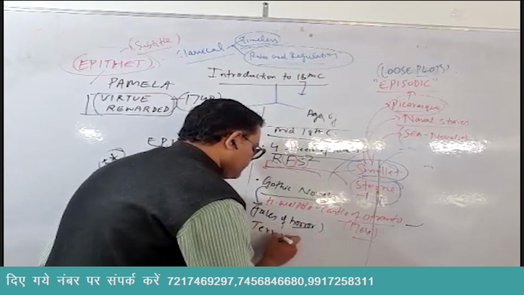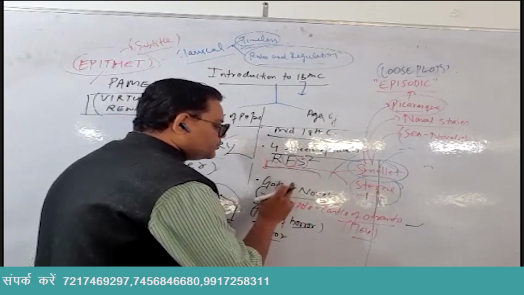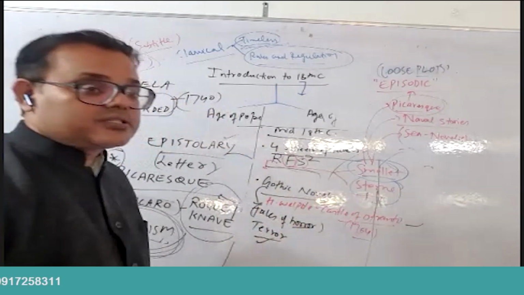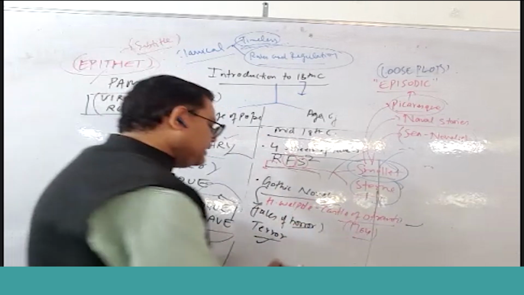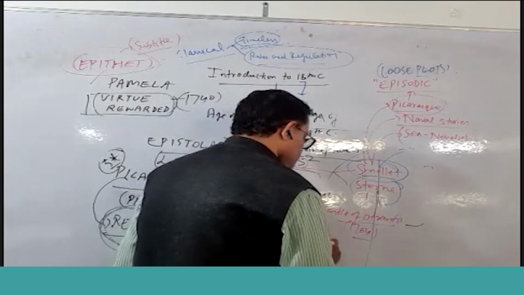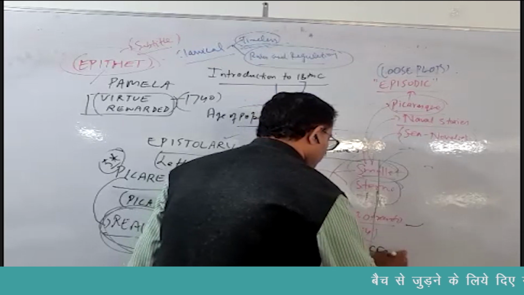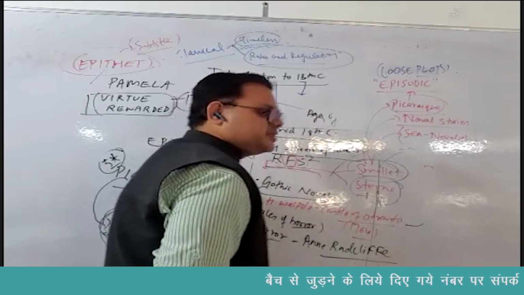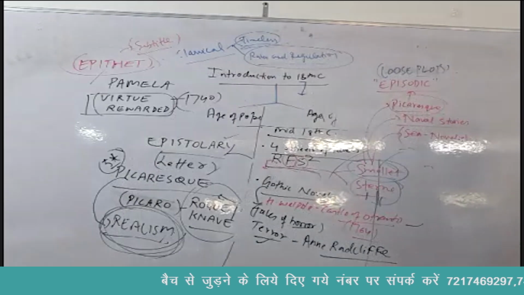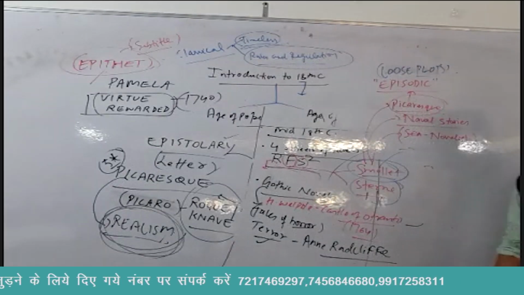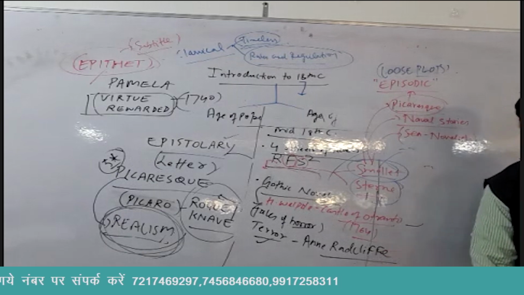So the father of Gothic novels was Walpole, and the father of terror novels, Anne Radcliffe. This is very important. She is also known as the founder of Gothic feminism. Please write her name very carefully: Anne Radcliffe, R-A-D-C-L-I-F-F-E.